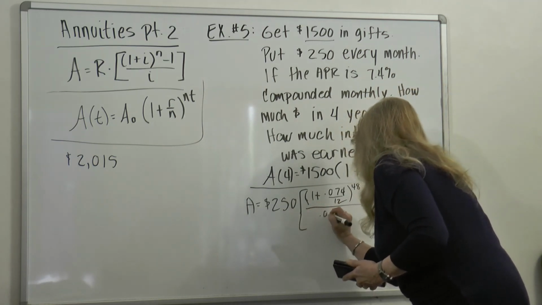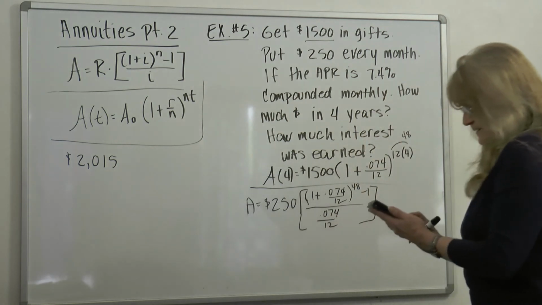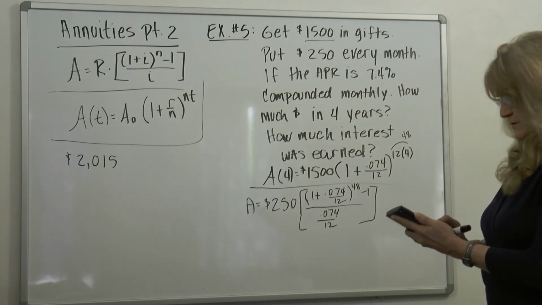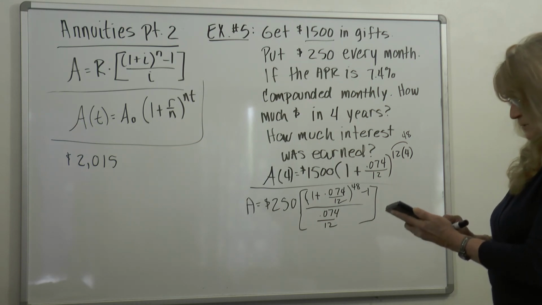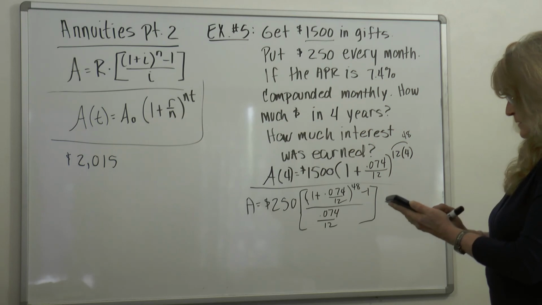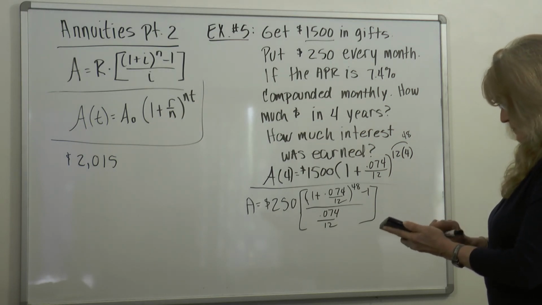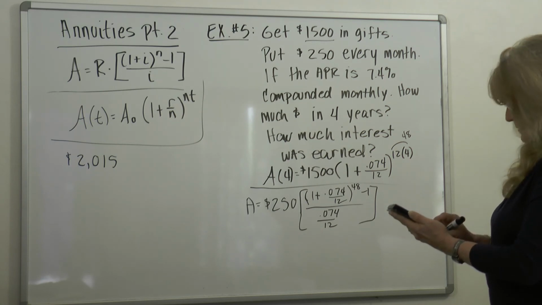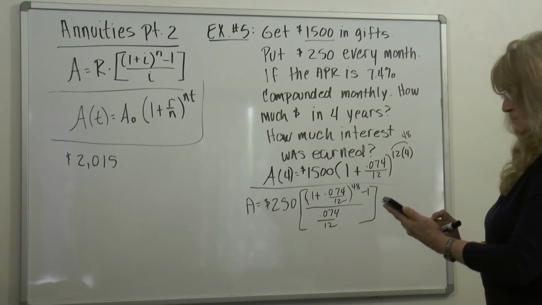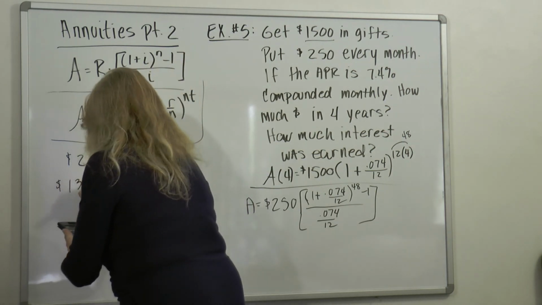At least I'm consistent. All right. 0.074 divided by 12 plus 1 to the 48th power minus 1 divided by 0.074, parenthesis, times 250. And that's going to give me this amount.